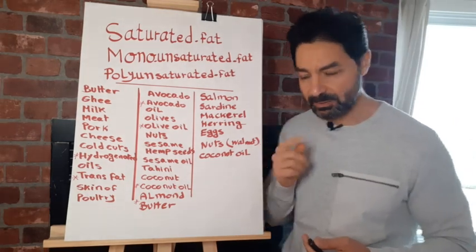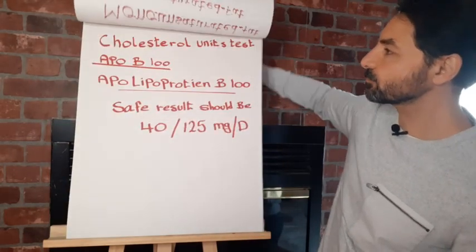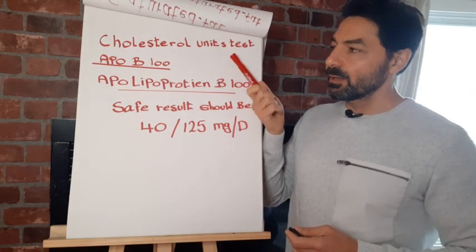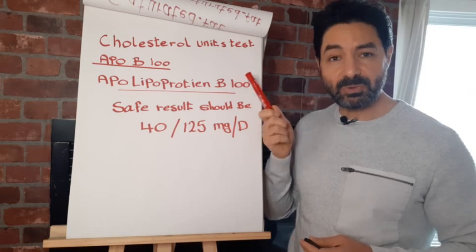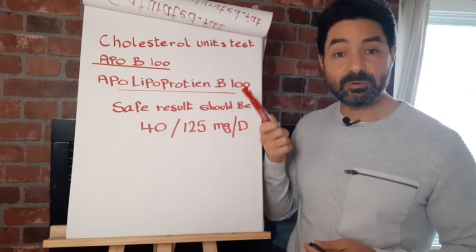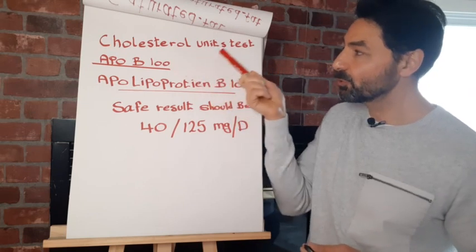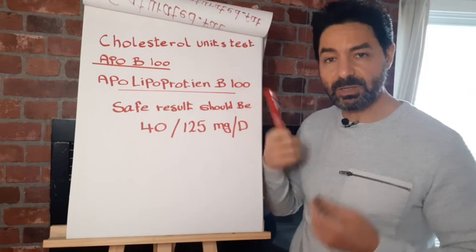One last thing. The person who suffers from high cholesterol in the blood needs to ask his doctor for another type of blood test, a cholesterol unit test. How many units of cholesterol are in our blood?